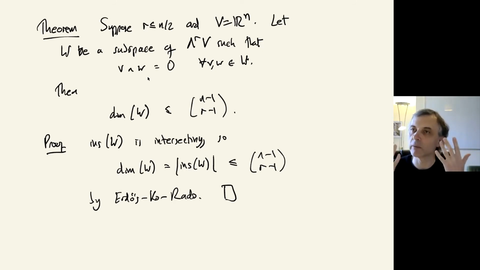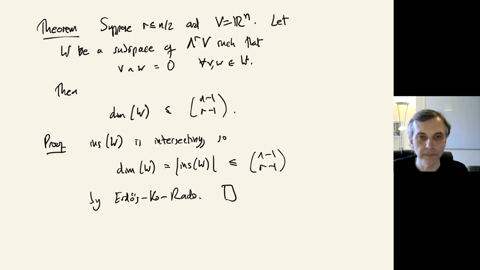When I wedge together, I'm wedging together 2r elements. I'm taking linear combinations of those. And if 2r is bigger than n, then I have to have wedge product 0, because after the n-th power it's 0. Okay, so it corresponds very nicely to Erdős–Ko–Rado.